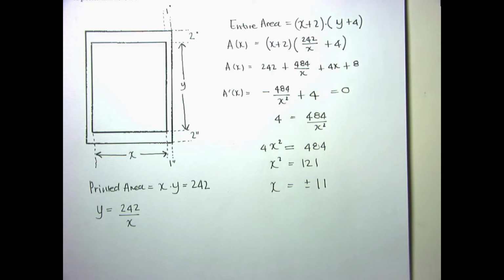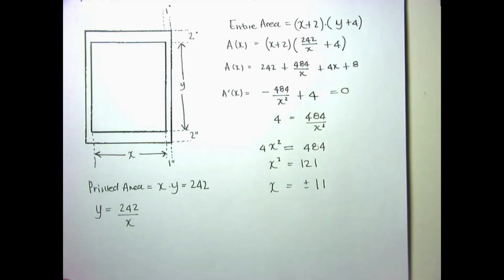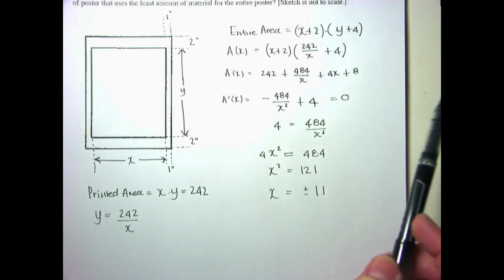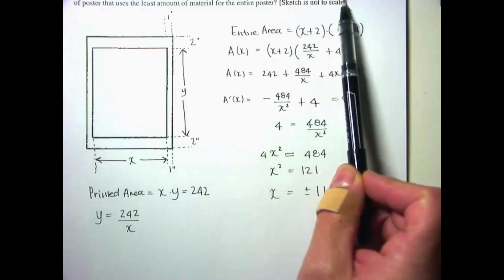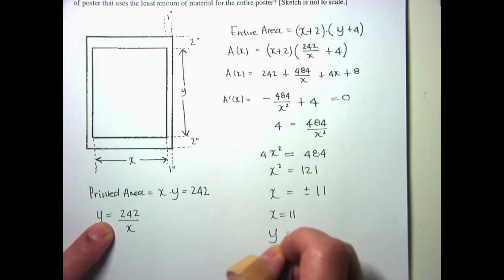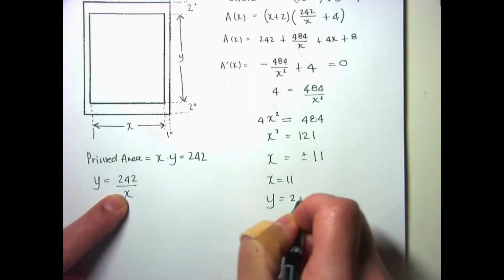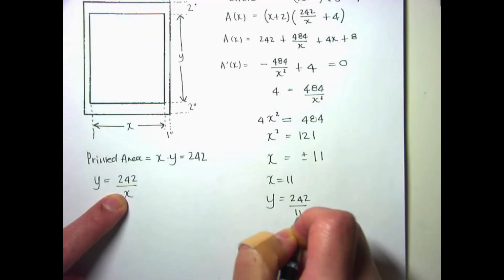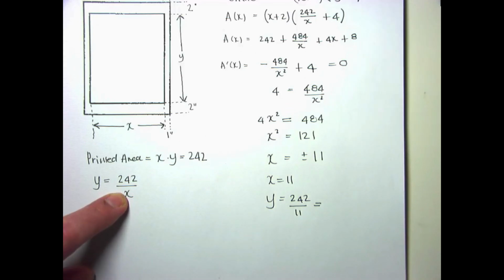All right, so if x is equal to 11, let's make sure we answer the questions. It says, what are the dimensions of the printed part? So we need to give those values for x and y. So if x is equal to 11, then y will be equal to 242 divided by 11.